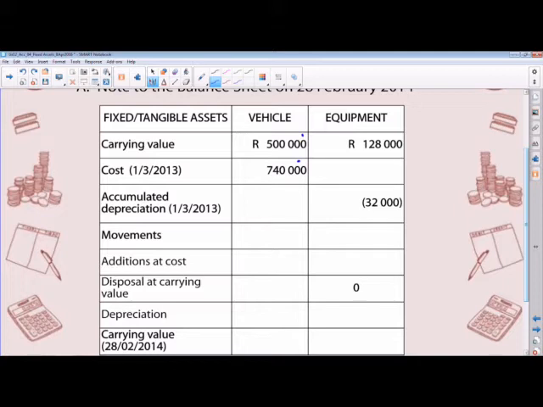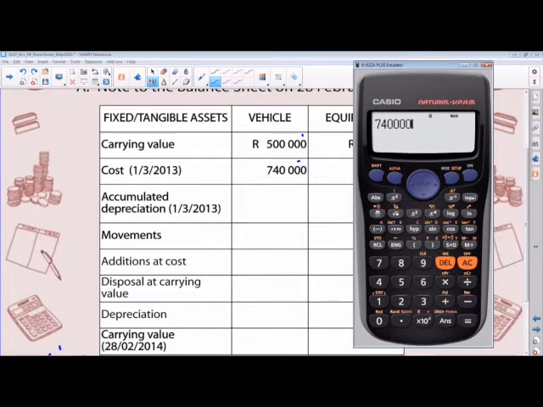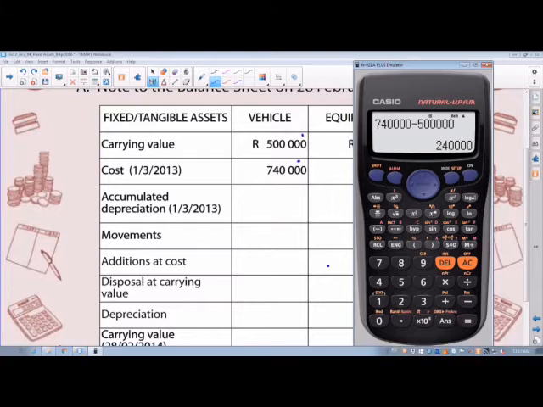Let's pick up our calculator here. 740,000 minus the 500,000 will give me a figure of 240,000. Now, what is the 240,000?